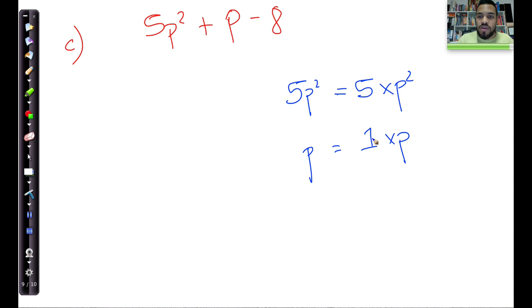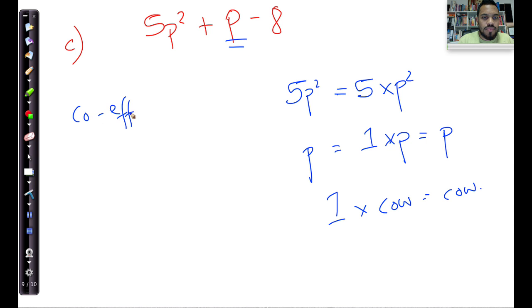And as you know from grade 1, anything multiplied by 1 is equal to itself, which is just p. So if I had 1 times cow, that will just be cow, right? So the coefficient of p in C, in this expression above, is 1.